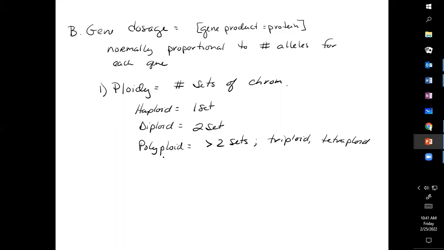So this is more common in plants. And often the greater the number of sets, the bigger the plant and the fruit.